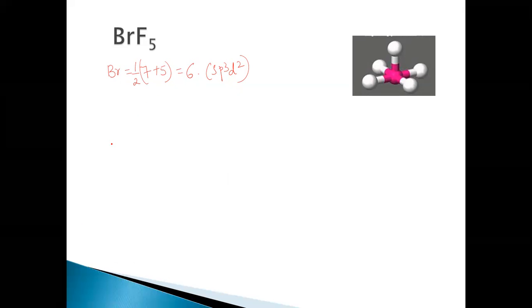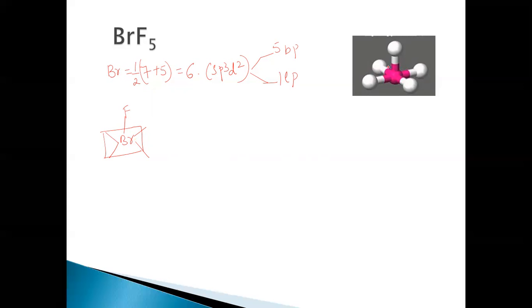Now the shape: according to this, the geometry should again be octahedral, but we know that out of these 6, 5 are involved in bonding and 1 other is a lone pair. So this lone pair is placed in such a way that it will have symmetry.